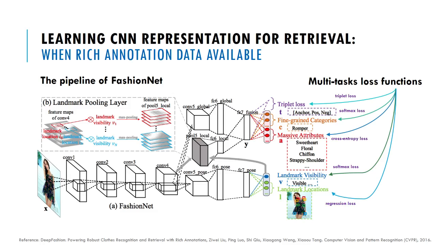The first stage is, of course, the clothing picture is fed into the network, and we're going to be predicting the key points of clothes visible at the locations where they would be predicted. And the second stage is, according to those key points that we just received in the previous step, we will then have a key point pool layer. Here you can see the landmark pooling layer. And we'll be able to get the local characteristics of those clothes.